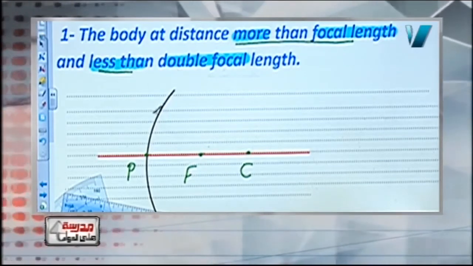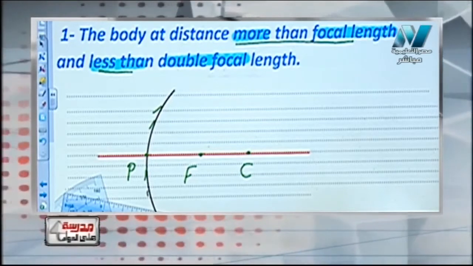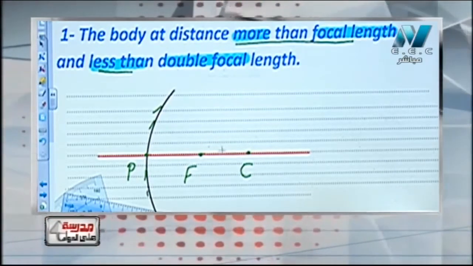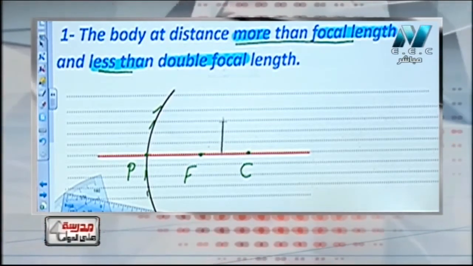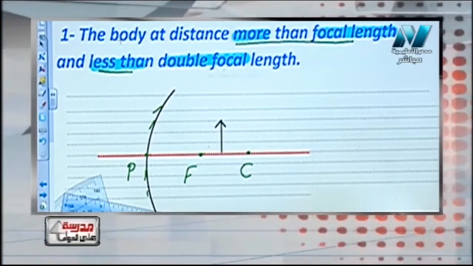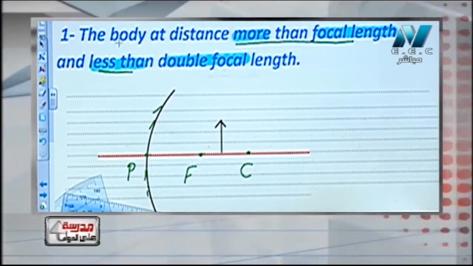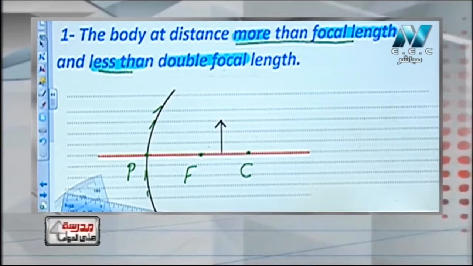So the object is in which position here? The object is here between F and C, and we should use at least two rules.